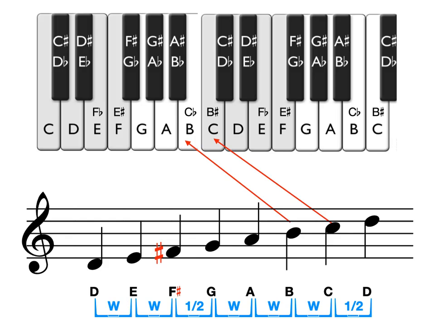B to C, we need a whole step, but B to C is not a whole step. That's a half step. So we've got to add another accidental, move the C sharp over a little bit, and that gives us our whole step, and that sets us up to already have our half step for C sharp to D. So we fixed mi fa between F sharp and G, and ti do between C sharp and D. So now we can have a major scale starting on D. So this is different than the modes where we didn't use any accidentals.